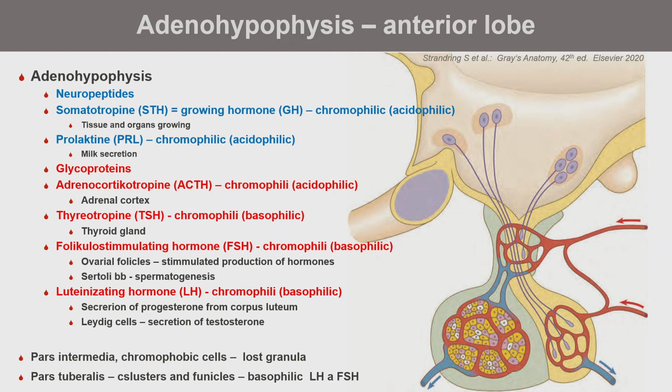How is it working at the anterior lobe? At the anterior lobe, the production of those releasing factors is in the tuberal nuclei.